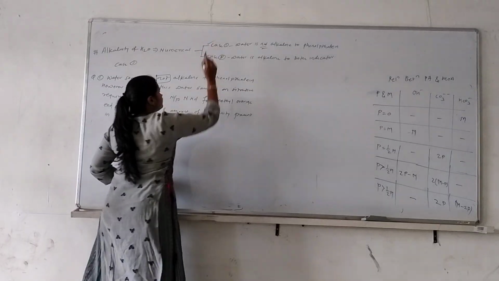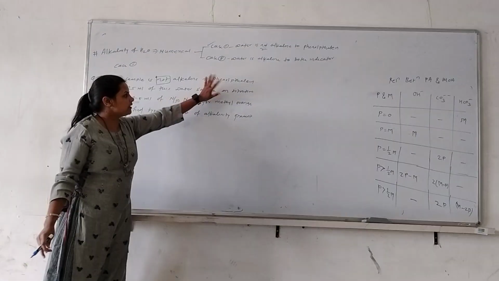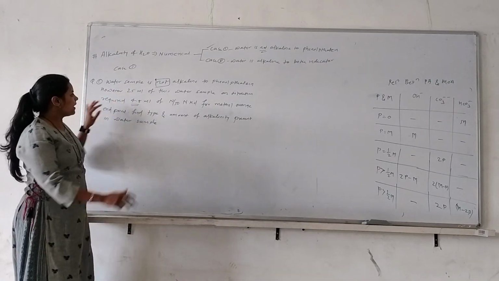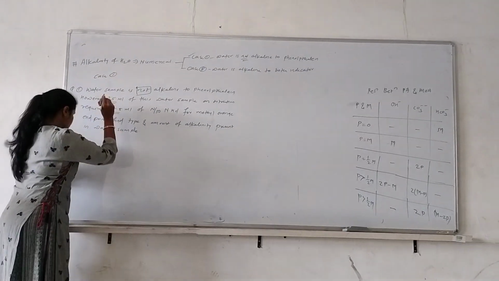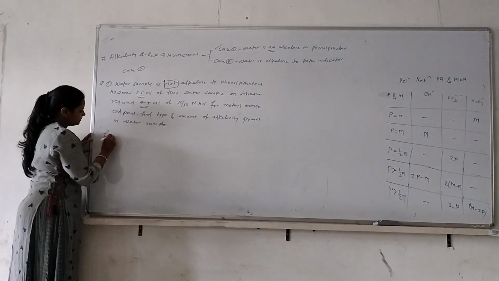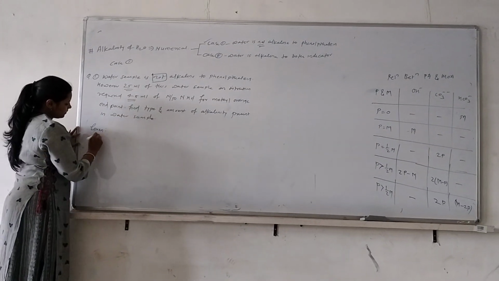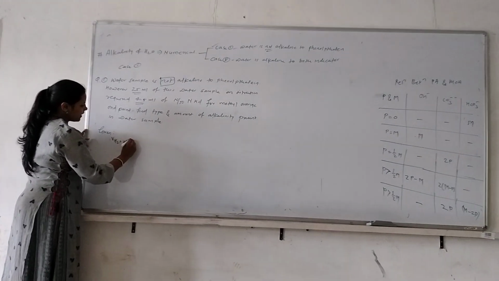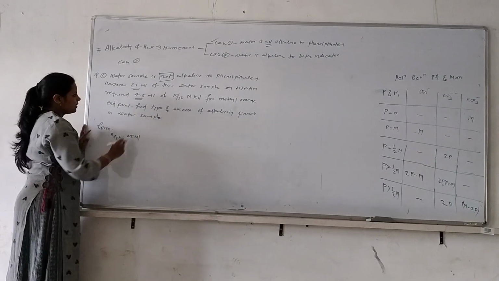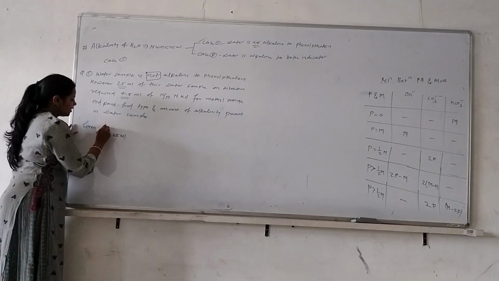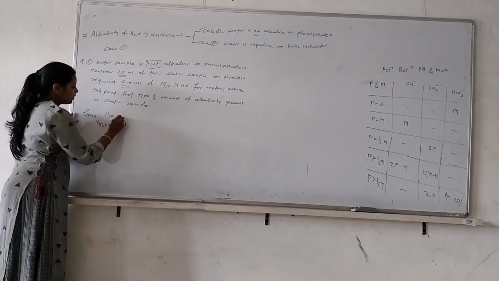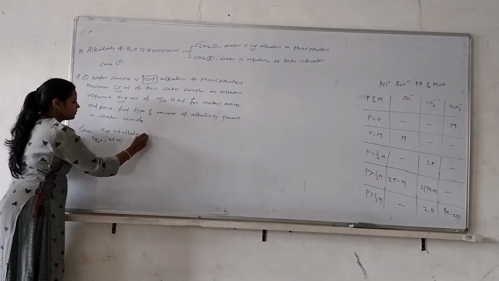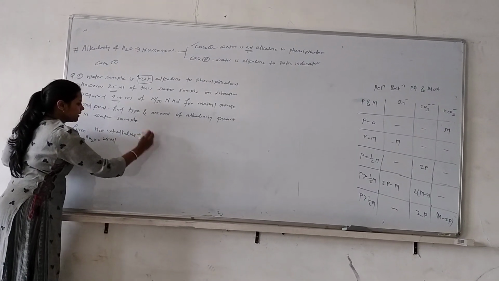So case number 1: not alkaline to phenolphthalein alkalinity, whereas 25 ml of water sample. Now see what is given. The volume of water is given, 25 ml, and the water is not alkaline to phenolphthalein indicator.